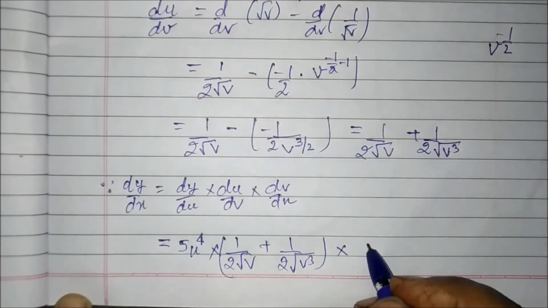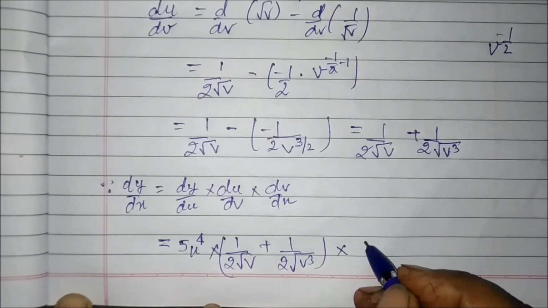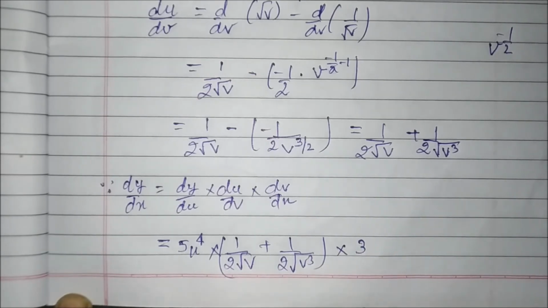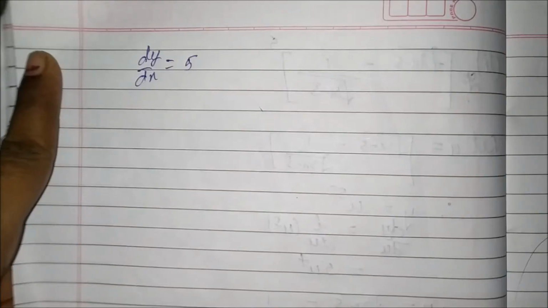Since v is 3x minus 5, the derivative of 3x minus 5 is 3. Now we will replace u and v.